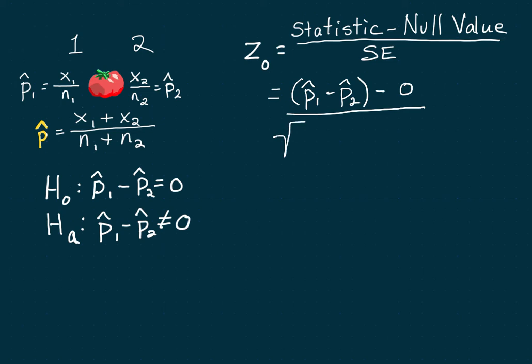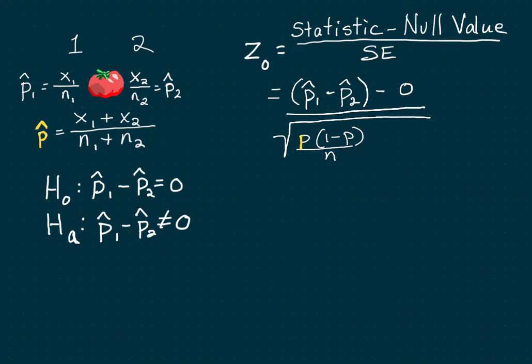Unfortunately, the denominator is another story. Now, when we were dealing with one proportion, we had the proportion times 1 minus the proportion divided by n, except we have two proportions now.